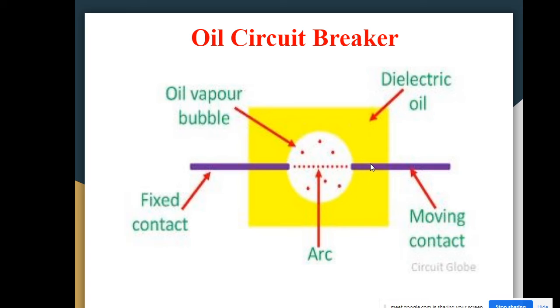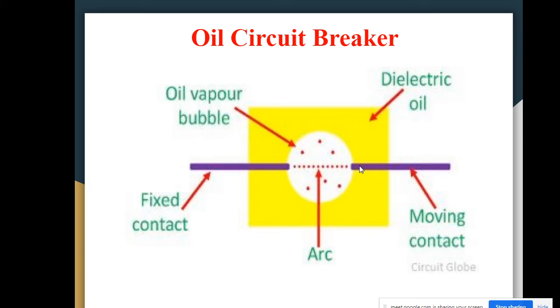Now these contacts are immersed in the oil. So the first case is, if these contacts are closed, then the circuit to which it is connected is under normal condition.